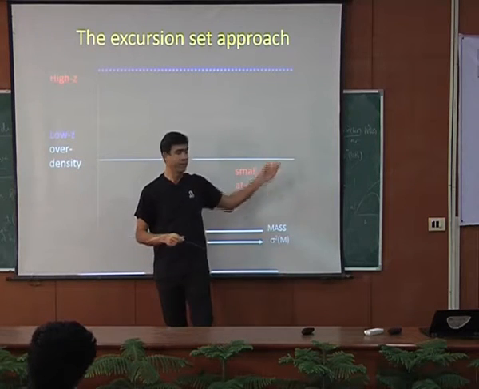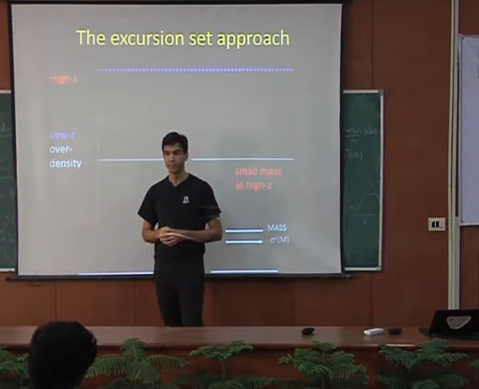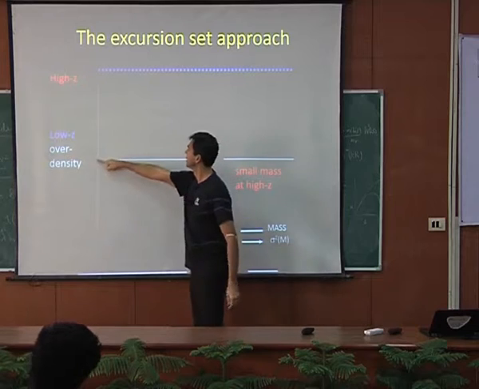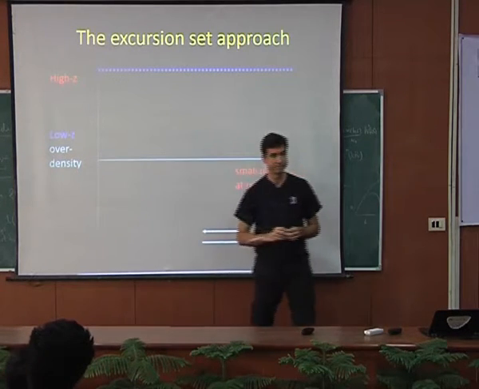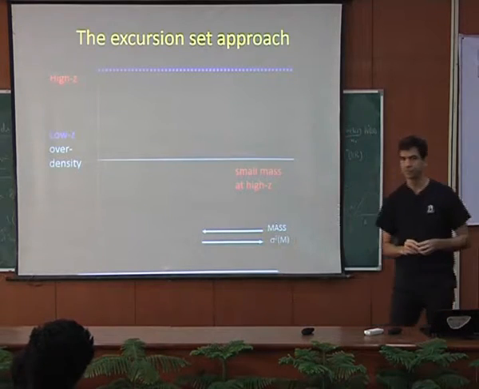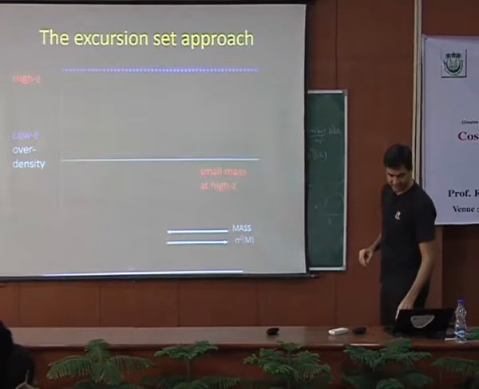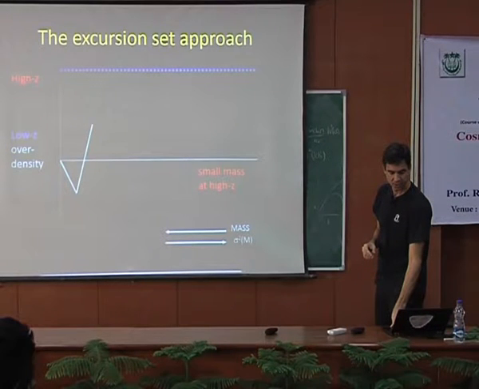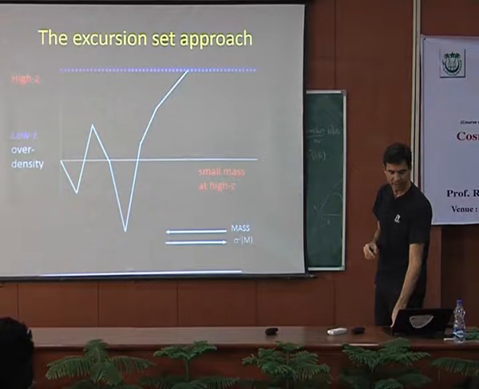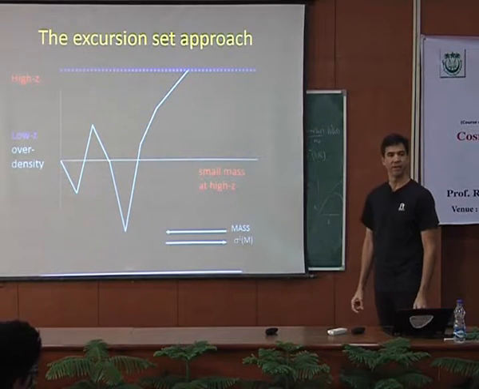I don't know what the density will be on a small smoothing scale. So I will have some curve that shows the density as a function of the smoothing scale. This density has to cross 1.686. So that's the thing as a function of smoothing scale, and there it hits the barrier 1.686.